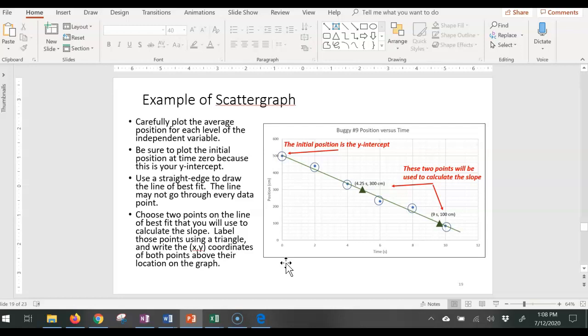Once you've drawn that line of best fit, you will choose 2 points on that line, not data points. Choose 2 points on that line of best fit that will be used to find the slope. You'll label those 2 points that you chose using a triangular symbol, and above those triangles write the XY coordinates of that point.